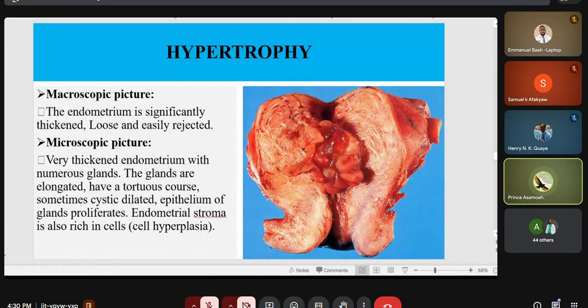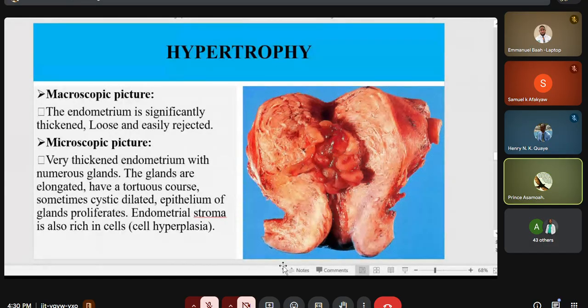There's a difference between hypertrophy and hyperplasia. In hypertrophy, that body part has increased, but there's no increase in the number of cells. Rather, the same cells, but their sizes have increased.